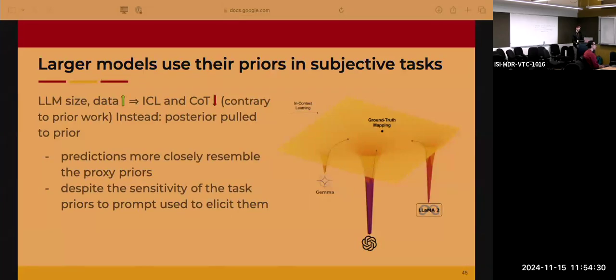For the general takeaway, I just want to point out that, counterintuitively, as large language model size, data usage, and training time increase, we actually see that in-context learning and chain of thought ability decrease.